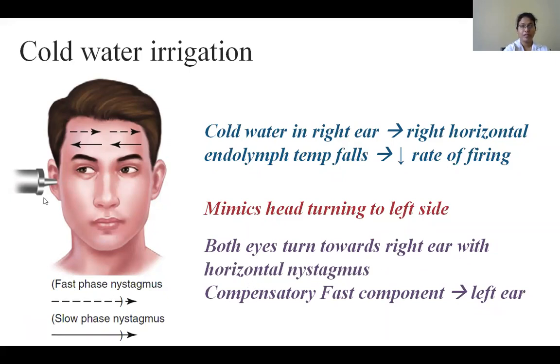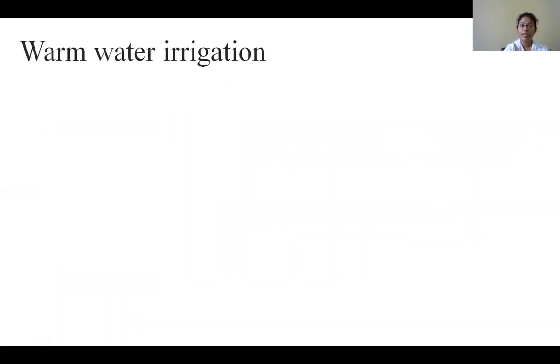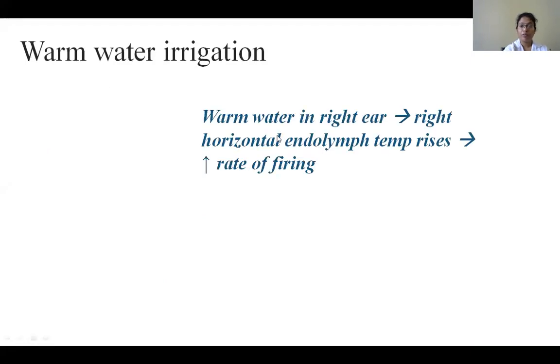Meaning irrigation in the right ear will mimic as if the head is turning to the left side, so the eyes will turn to the right side. That is the slow component. And the compensatory fast component will be towards the left ear. Similarly, when you do irrigation with warm water, what do you see? When warm water is irrigated, the right horizontal endolymph temperature will rise.